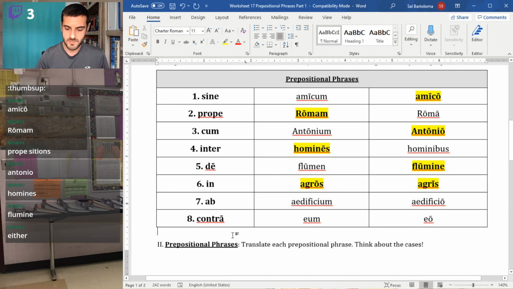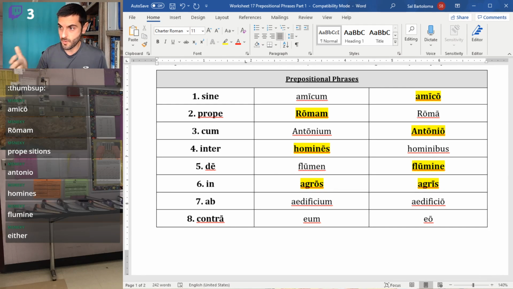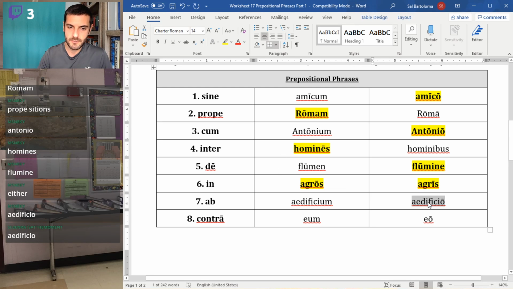Ab, the preposition ab, away from. It can also mean by if it's with a person, but an edificium is a building. Ab edificio, ab edificio. Now, oops, highlight. Why am I using ab, the longer form, instead of the shorter form a?